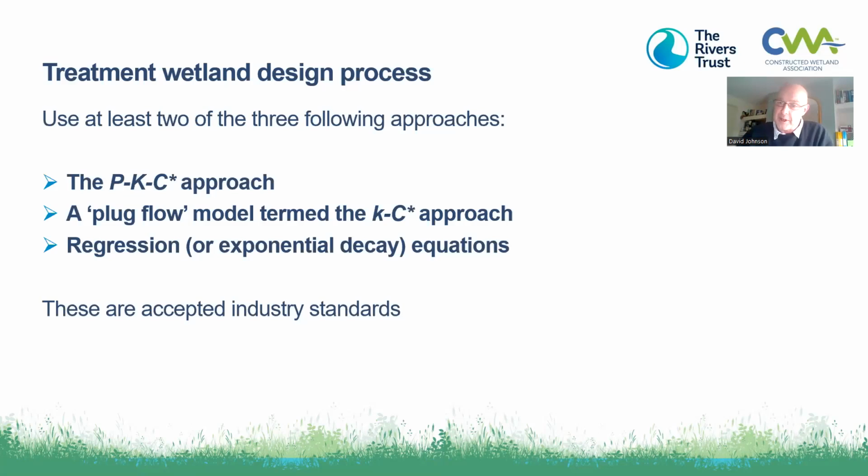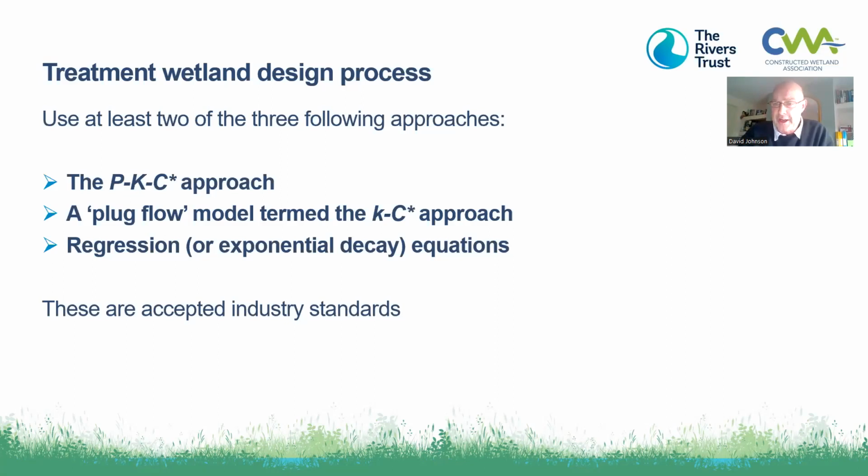But if you want to have that really high quality design, what we say is use at least 2 of those approaches. So you calculate it 2 different ways, and then you use the lesser of the 2 numbers. And that's really good design practice, and it's fairly typical in the engineering world.